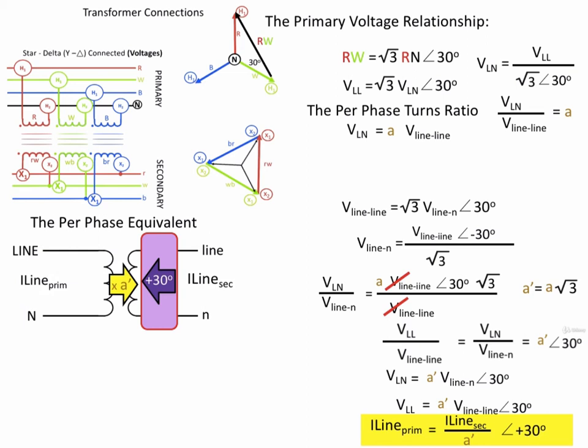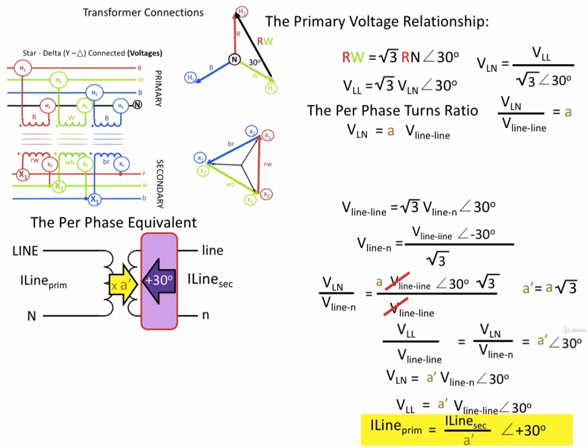In going from the primary side to the secondary side, we would have to multiply the primary voltage by the turns ratio A primed. However, the phase shift doesn't change. Going from the primary to the secondary, we would still have to subtract 30 degrees, because the operator has not changed.